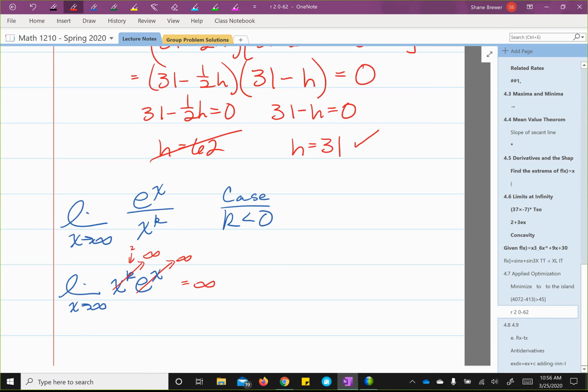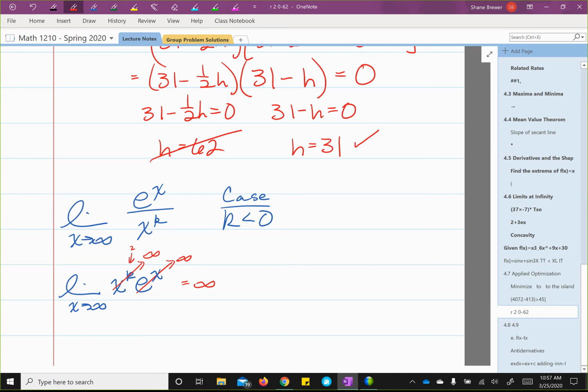For k equals 1, or k equals 0, it's even simpler because you just end up with e to the x over 1. But for k greater than 0, you have to keep applying L'Hopital's rule until you can evaluate the limit, because each time you apply it, you end up with infinity over infinity.